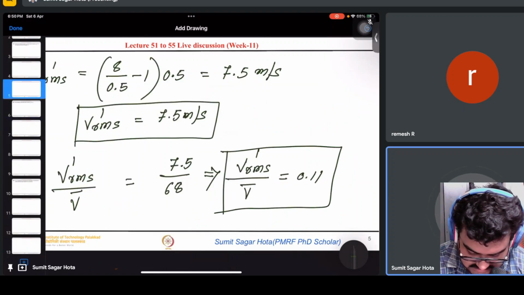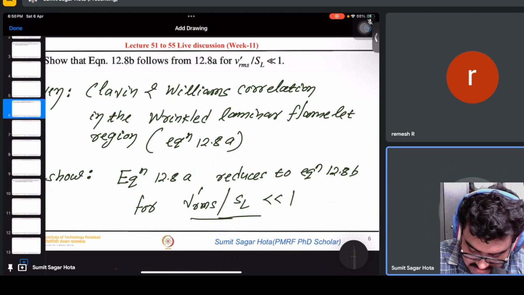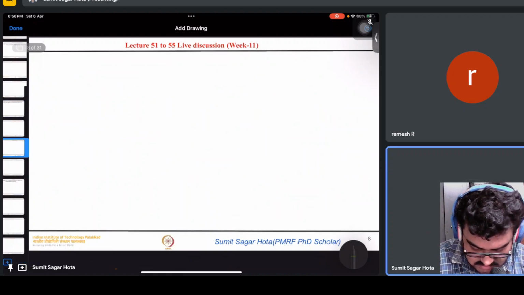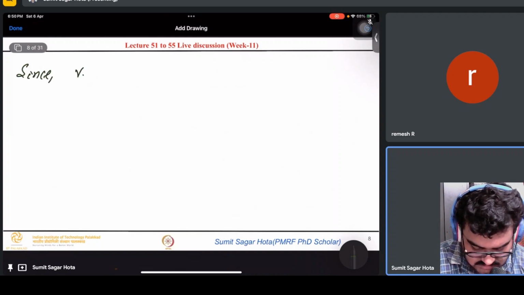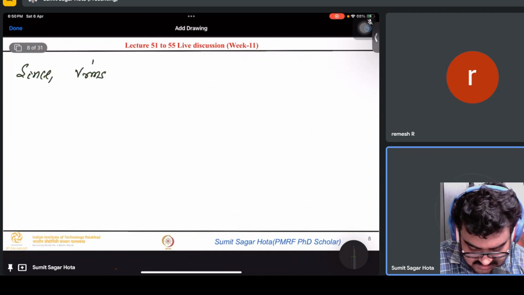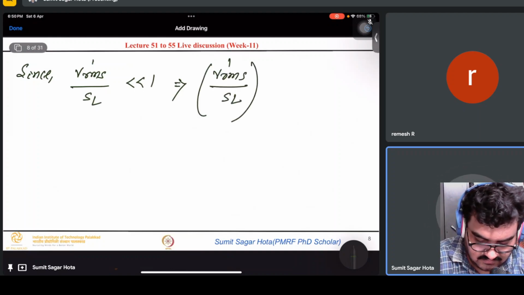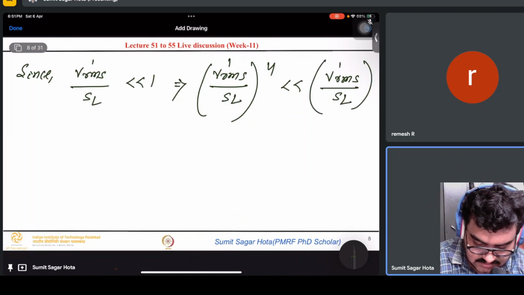Now we see one condition given: v_rms prime by S_L very much less than 1. This condition we now have to apply. It means v_rms prime by S_L is very much less than 1, so v_rms prime by S_L to the power 4 is also very much less than v_rms prime by S_L squared.